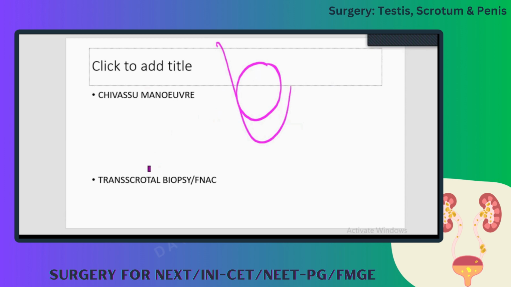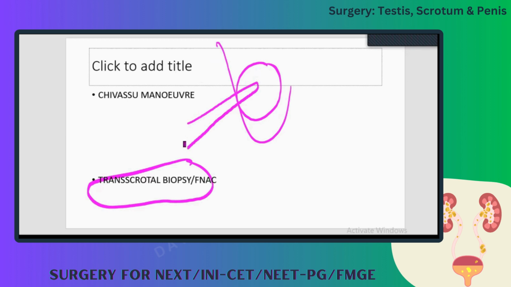Transscrotal biopsy, if you want to put a needle or a biopsy gun, it is contraindicated. Why is it contraindicated? Can anybody tell me? Bleeding? Bleeding we can control. No.